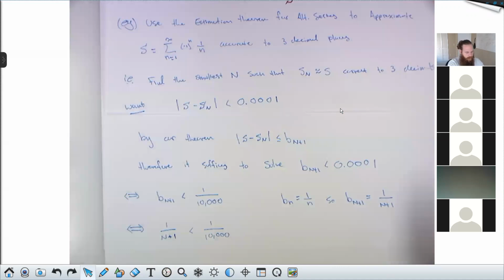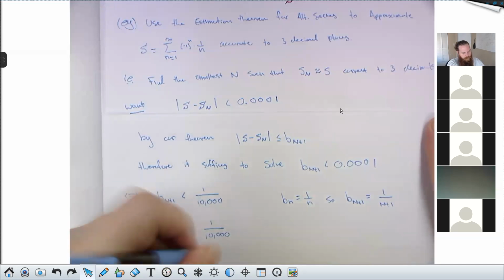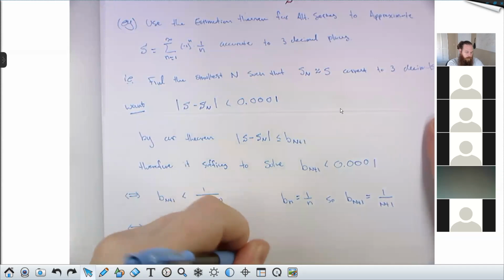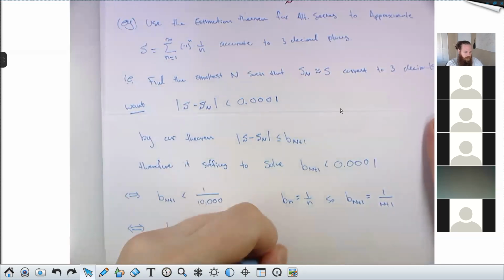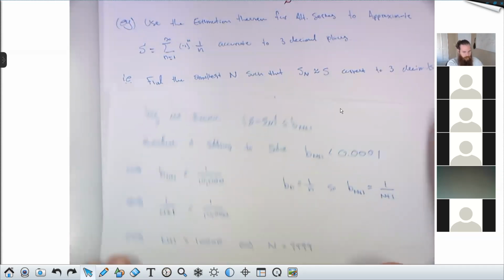Good. Yeah, this is not a hard inequality to solve. You can take reciprocals on both sides and you get n plus 1 is greater than 10,000. And then you can subtract 1 from both sides to get n is greater than 9,999. There we go.